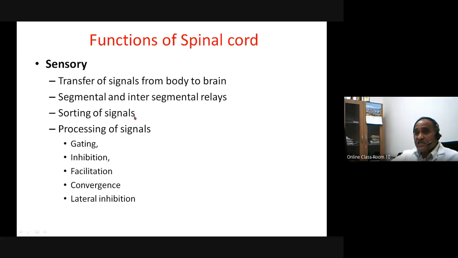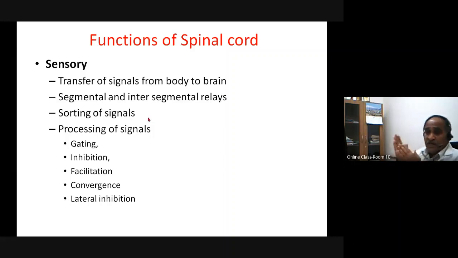Then signals are sorted. That means the touch, fine touch, the vibration, they are sorted. They are going into the posterior column sensation. So they are known as the fasciculus gracilis or fasciculus cuneatus.